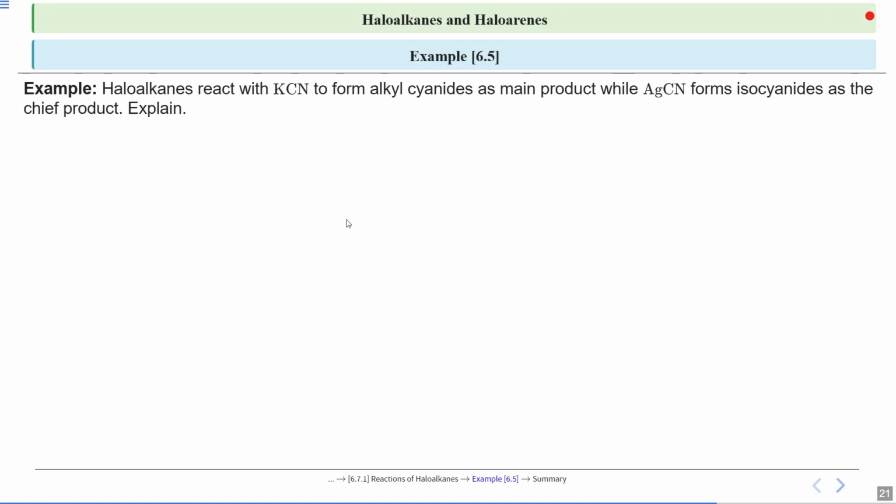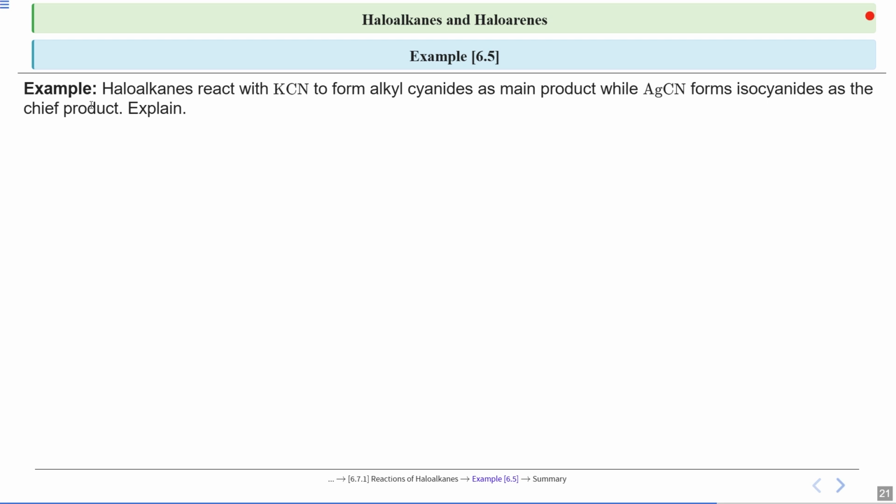Okay, let's solve an example. Example 6.5: haloalkanes react with potassium cyanide to form alkyl cyanides as the main product, while silver cyanide forms isocyanides as the chief product. Explain.